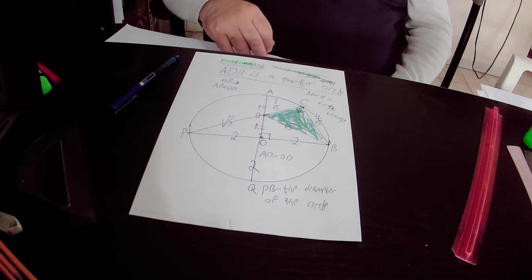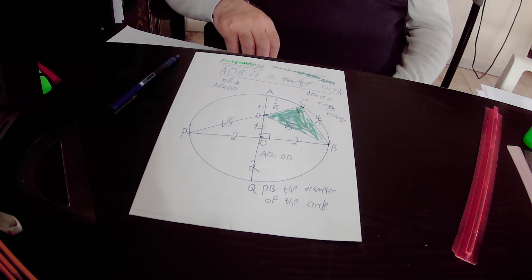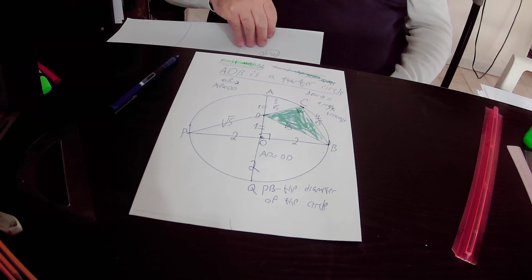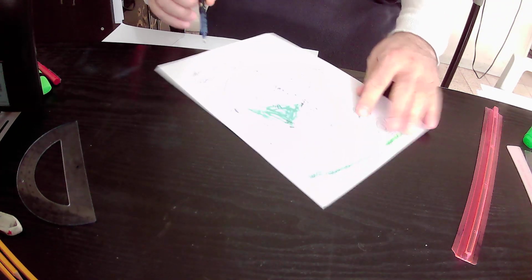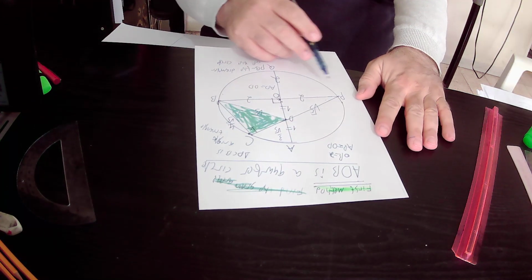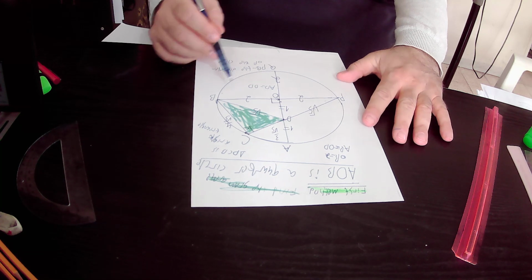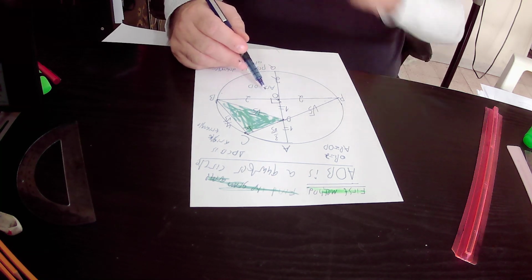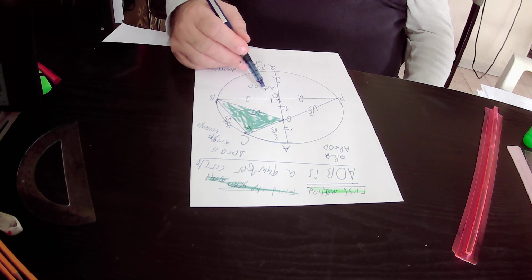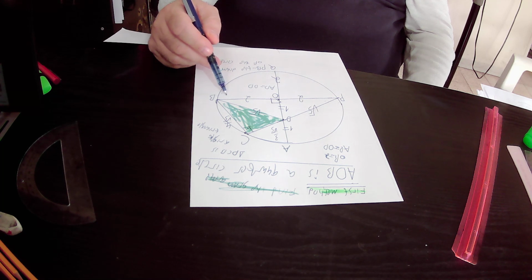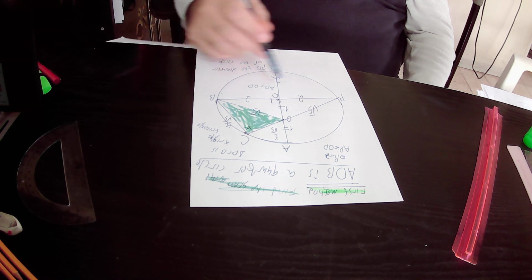Then we know that chord PB passes through the center of the circle, therefore, because it passes through the center of the circle, it must be the diameter of the circle.